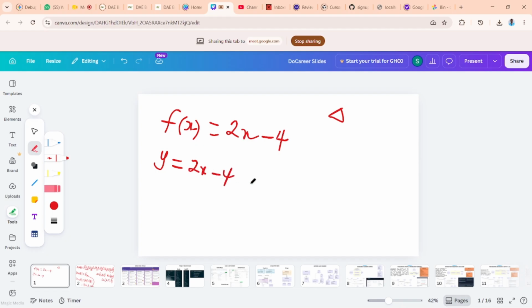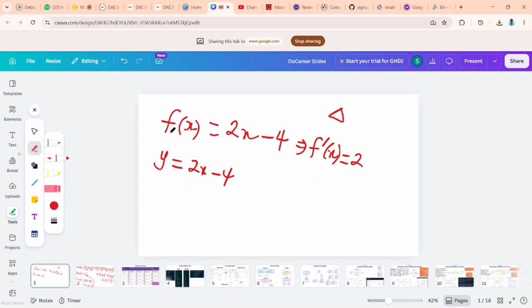If you have to differentiate this, for us to know that you are doing differentiation, it is going to be f prime of x, meaning we are doing the first differential of it, differentiating it for the first time. So if you differentiate 2x, we are going to have 2. If we differentiate the constant, it is 0, so we don't even write it. Normally it should be minus 0, but 2 minus 0 is 2, so we keep it as such.